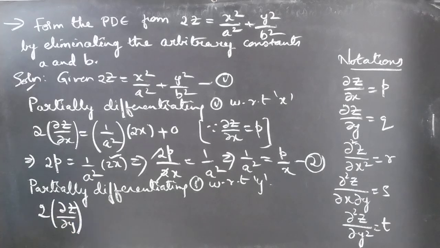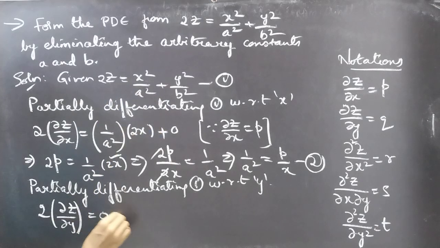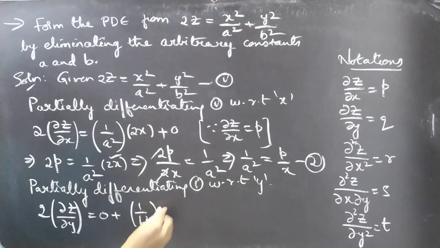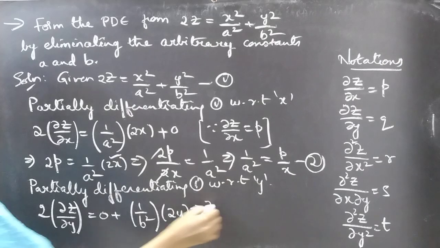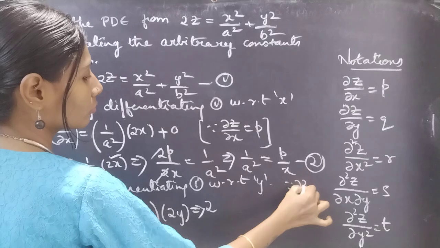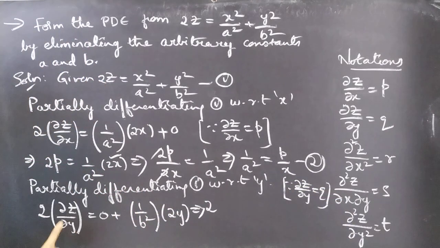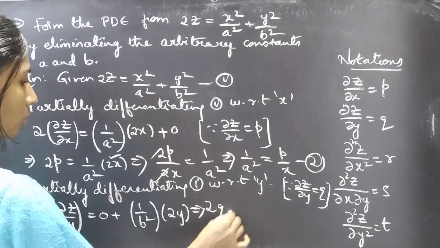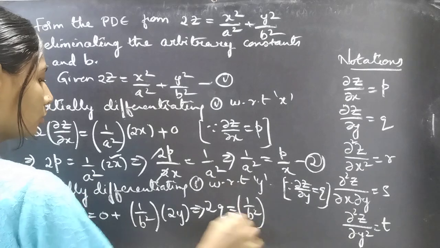Since z is a function of x and y, we'll get dou z by dou y equal to the partial derivative of a constant with respect to y, which is 0, plus constant 1 by b square into the partial derivative of y square with respect to y, which is 2y. Since we have a notation dou z by dou y equal to q, let's replace this by q. You'll get 2q equal to 1 by b square into 2y.